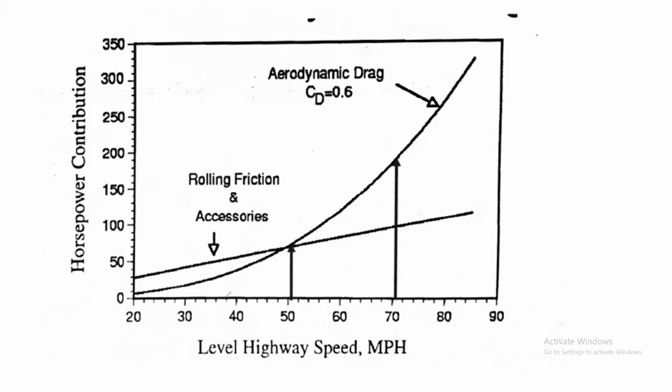This much energy you have to provide to overcome it. After some time, there are also rolling friction and accessories. In the next slide it will be more clear. See, if aerodynamic drag is increasing, see how the speed is decreasing. This is the speed. If this one is increasing, you can see the plot. In the next slide it will be more clear.